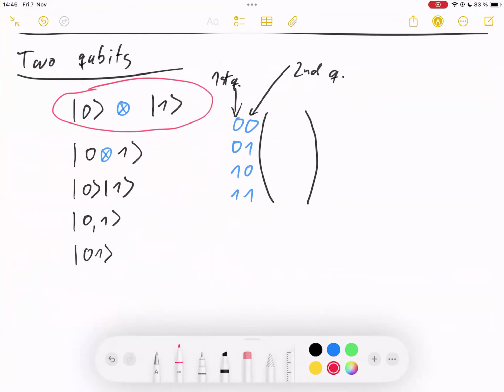So what entries do I need to put into this vector just to describe this? That I have a 0 in the first entry, or in the first qubit, and a 1 in the second qubit. Which four values do I need to put in this vector? If you have an idea of these four entries, just send them to the chat.